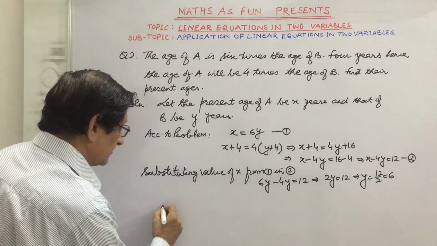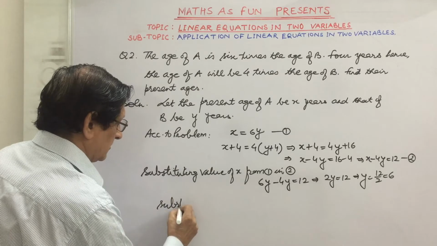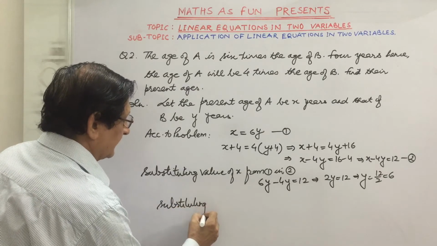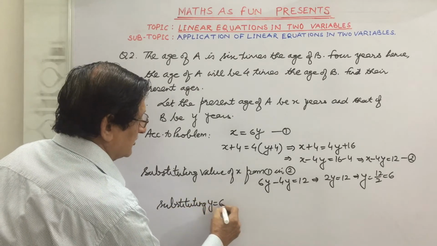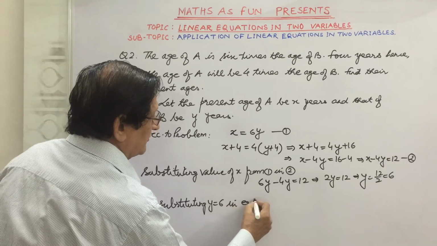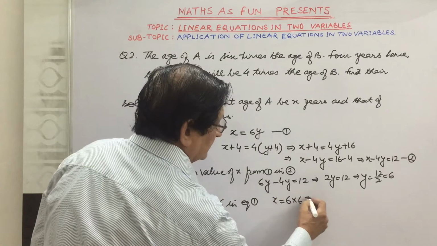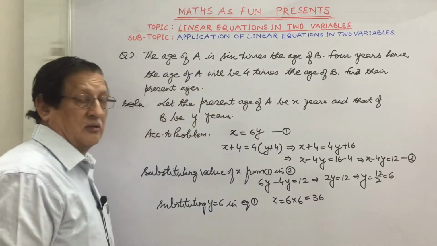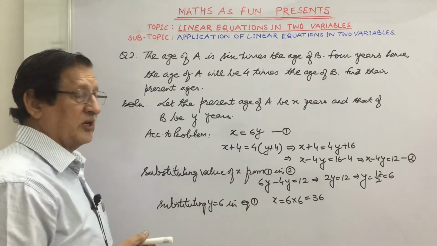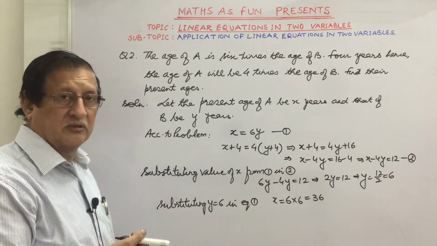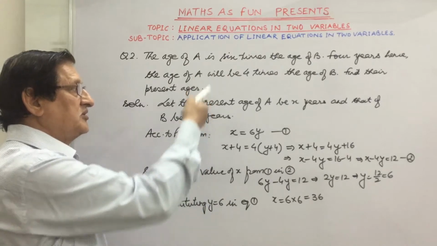So we can write, substituting Y equal to 6 in equation number 1. We are getting X is equal to 6 into 6, that is 36. It means we got the values of X and Y, but what they represent? They represent the present ages of both.